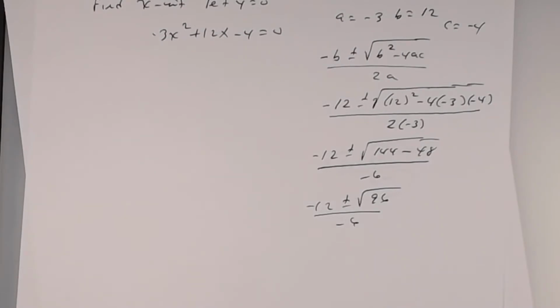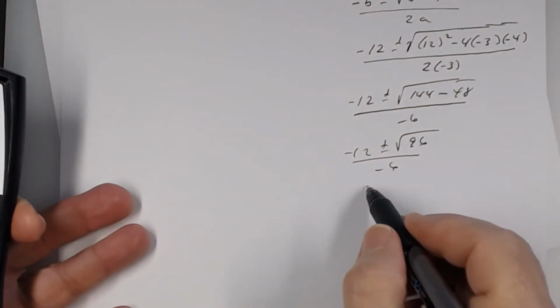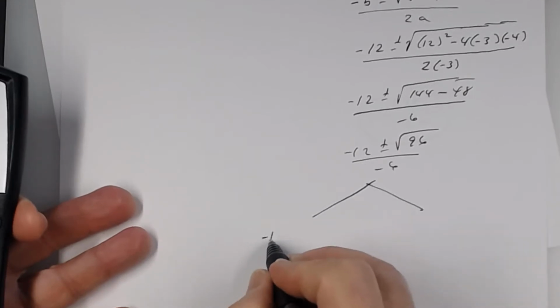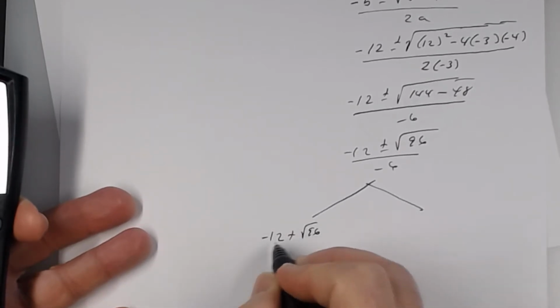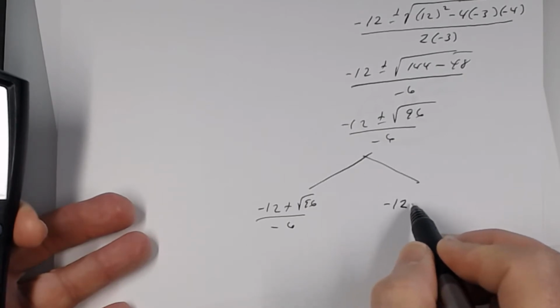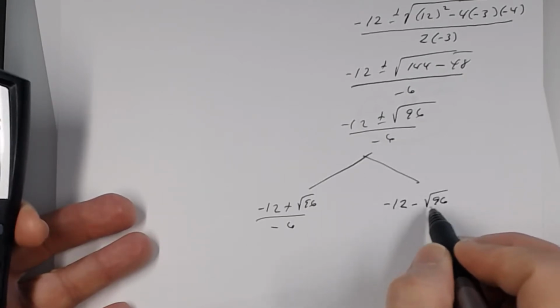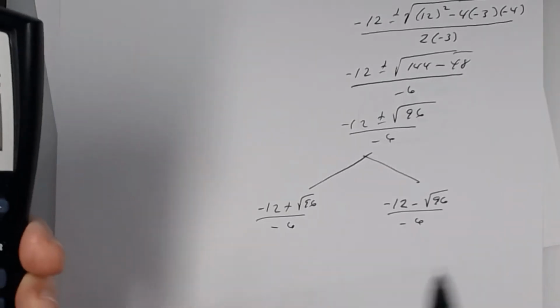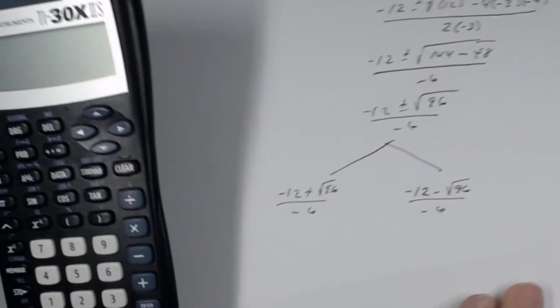No. So you can use your calculator to help you with this. But how many x-intercepts are there? 2. One of them is negative 12 plus the square root of 96 divided by negative 6. And what's the other? Negative 12 minus the square root of 96 divided by negative 6. All right, now make sure you can use your calculator with this. Here's what you're going to do.